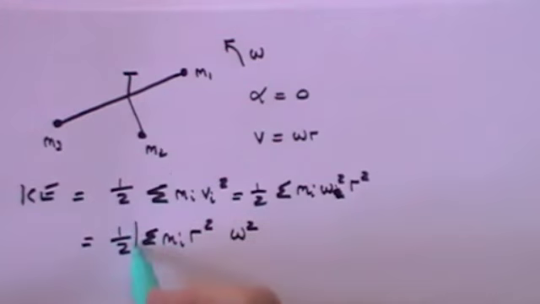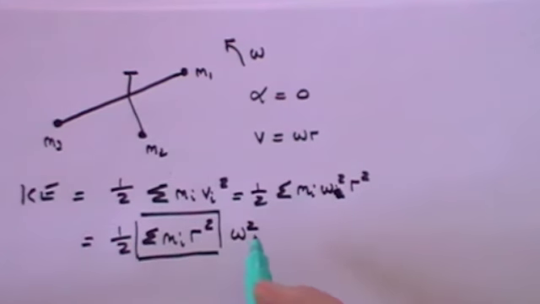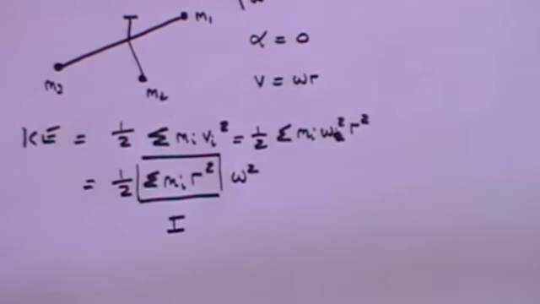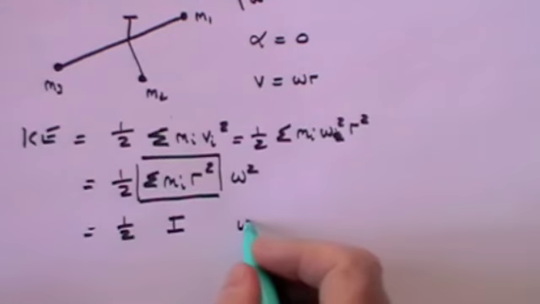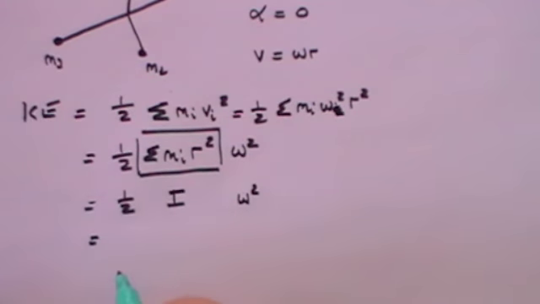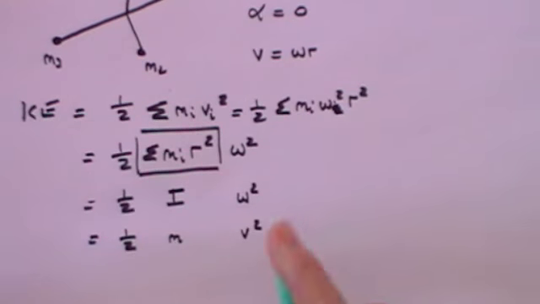And this term here, the sigma mi ri squared, I'm going to give a new name. I'm going to call that I. So now we've got that the kinetic energy is a half times I times omega squared. And if you look, that has a similarity to the normal form of kinetic energy that we speak about, a half mv squared. The reason is that this term I has a kind of mass equivalence, just as omega, the angular velocity, is the rotational equivalent of linear velocity.